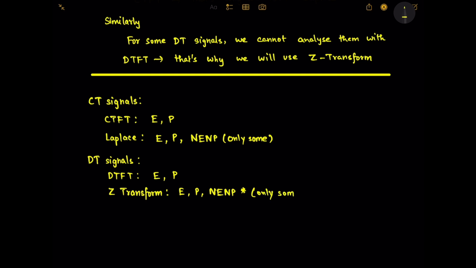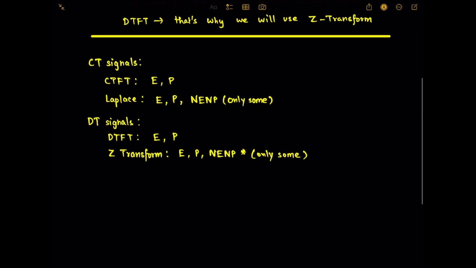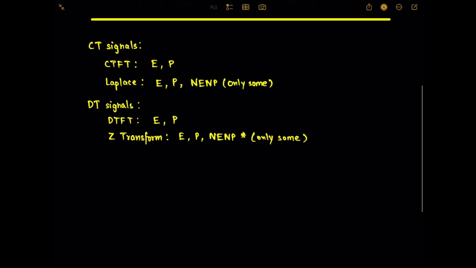Again, Z transform is very analogous, very similar to Laplace transform, except Z transform is used for discrete representation of signals. Laplace is continuous and Z transform is discrete. So what Laplace transform does for continuous signals, Z transform does for discrete time signals. We can also say that Z transform is the discrete part of Laplace transform.